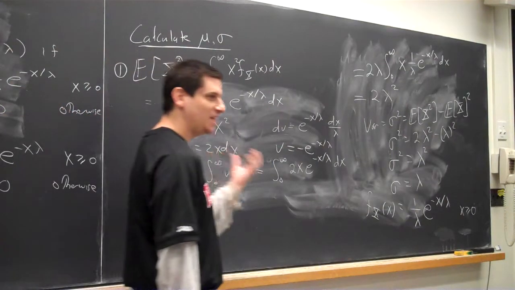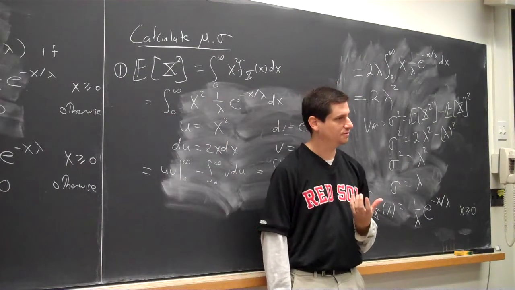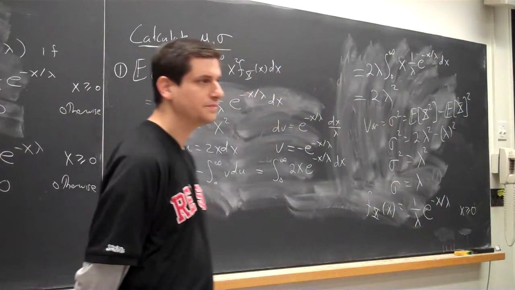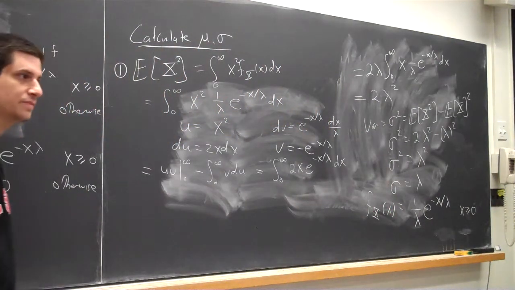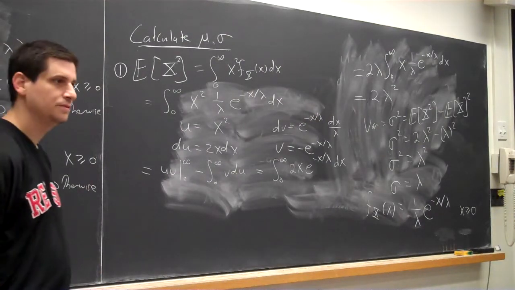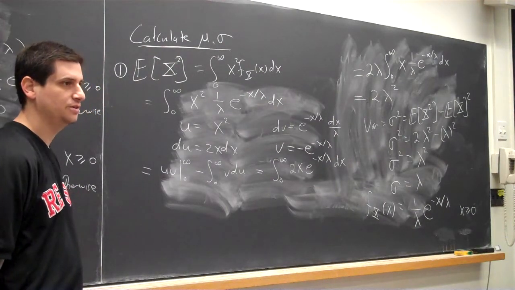Can you give me another situation where you would have an exponential process? So this is saying, the longer you wait, the less likely it is you had to wait that long. Population. So if the population is maybe dying out.